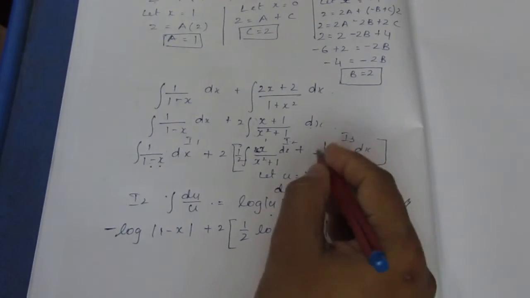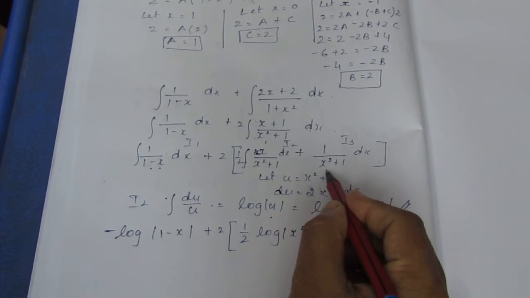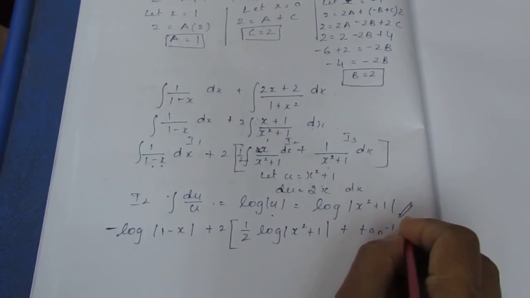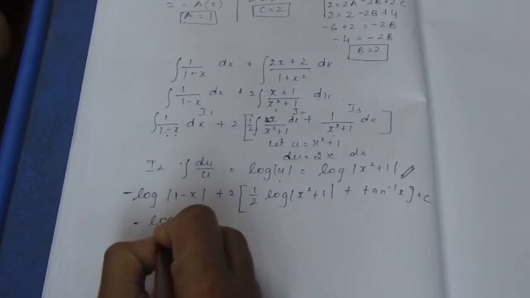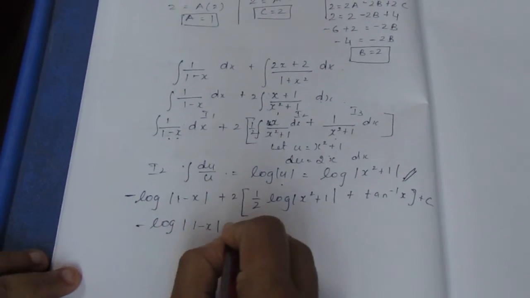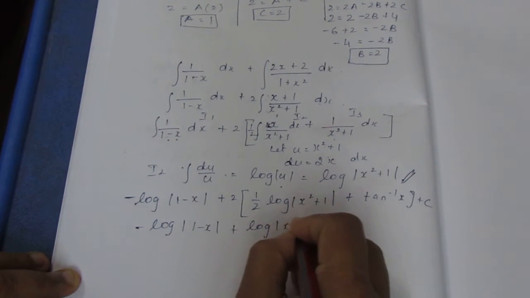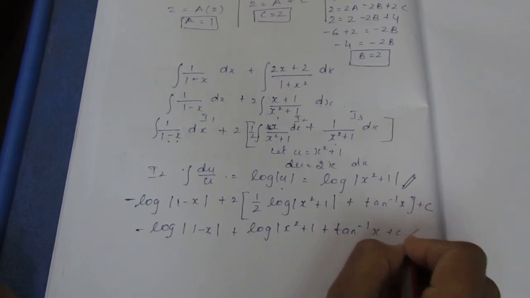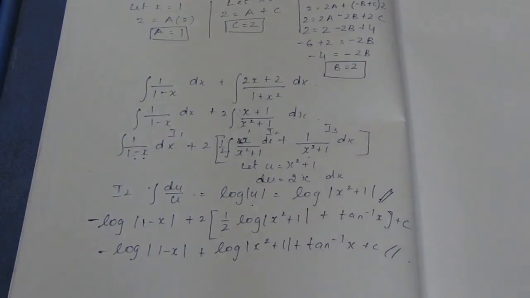Plus here we know 1 by x square plus a square is tan inverse x plus c. So multiplying 2 inside, it becomes minus log 1 minus x plus, while multiplying the 2 and the half get cancelled, so it becomes log x square plus 1 plus tan inverse x plus c, which will be your final integration answer. That's all with the sum. Thank you.